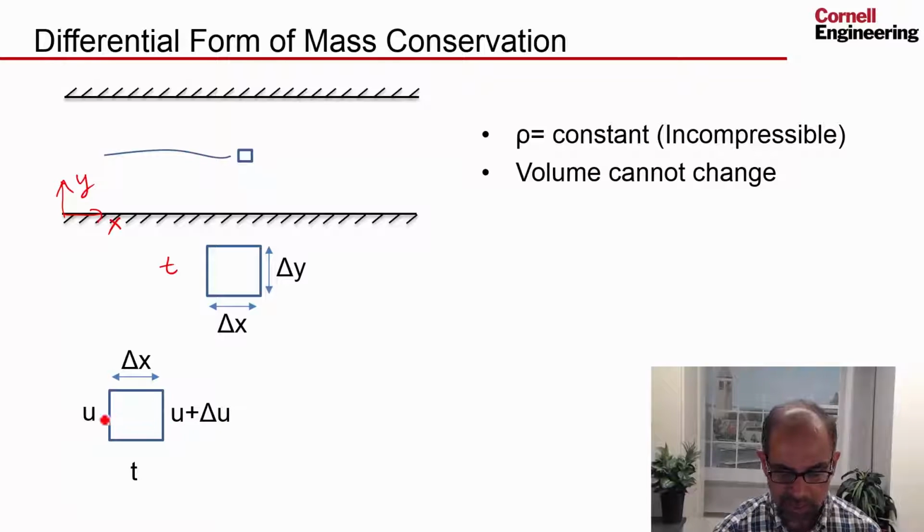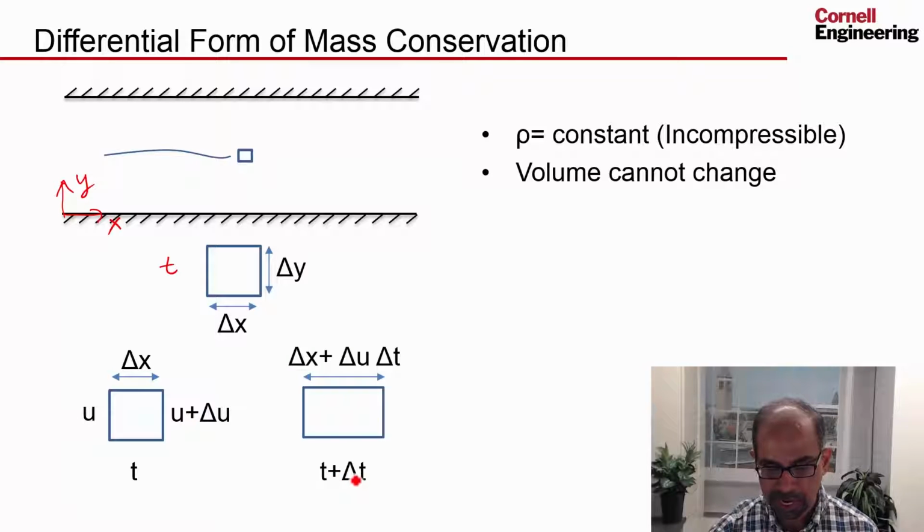So the right edge is moving slightly faster than the left edge, and its velocity is u plus delta u. In reality, this edge is going to move with respect to that. You're going to get skewing and so on. Right now, I'm looking just at one effect, the stretching in the x direction.